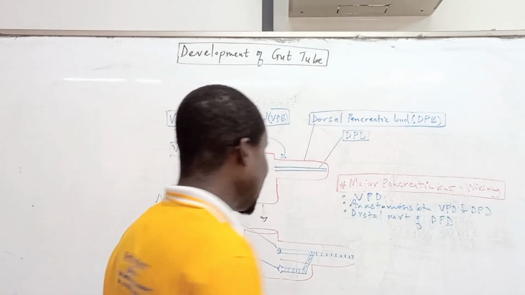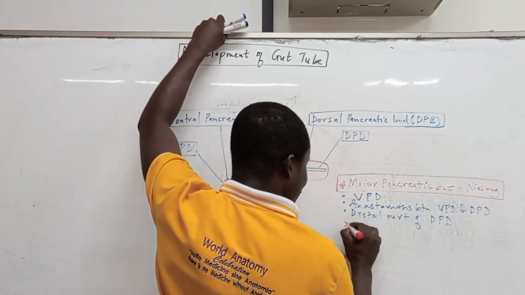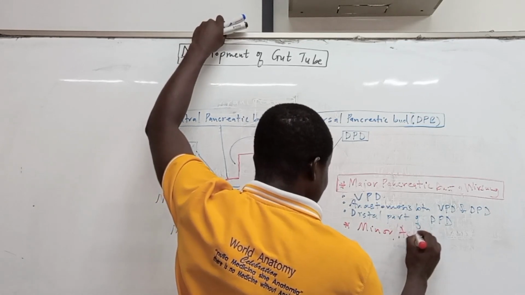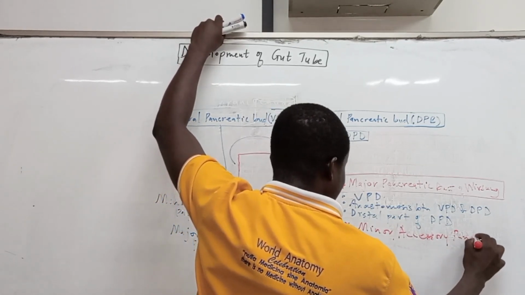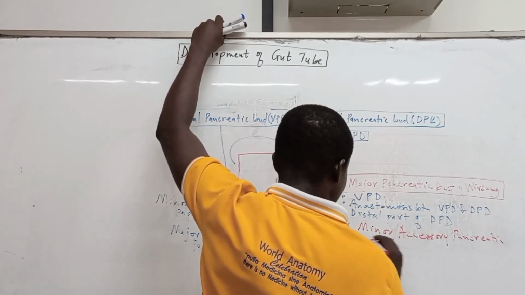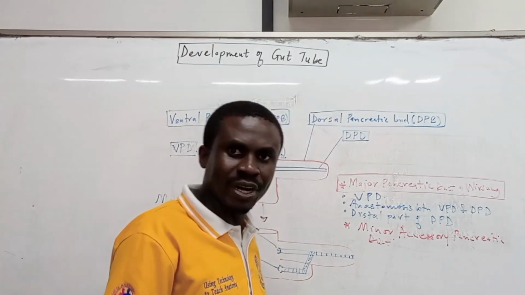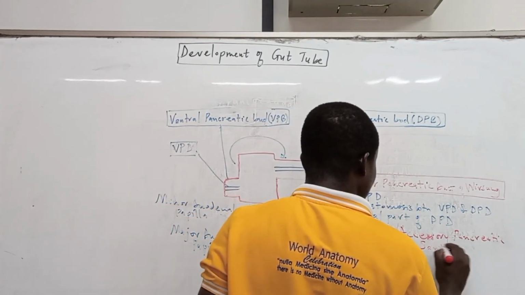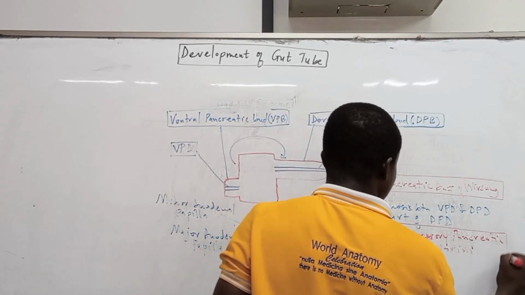So my friends, quickly, how about the minor pancreatic duct, the one over here? The minor or accessory pancreatic duct. And my friends, that one also has an eponym, something we call the duct of Santorini. It's formed by what?